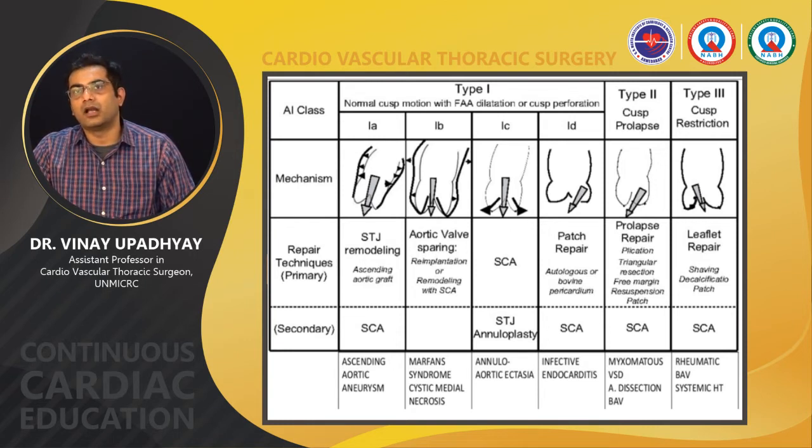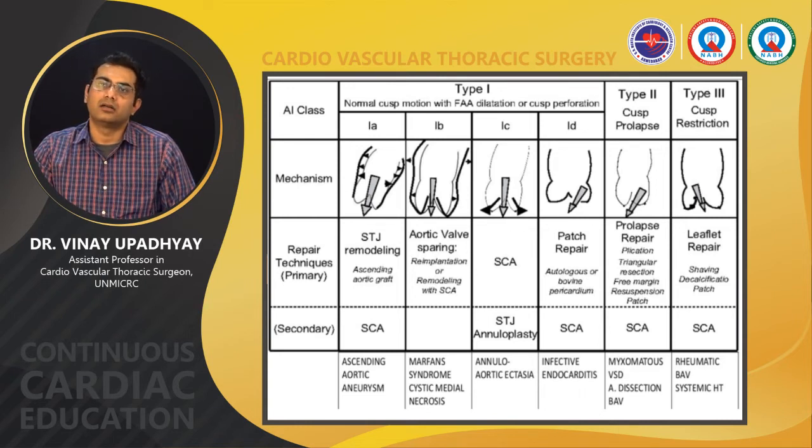Then type 2, there is a cusp prolapse. We have various repair techniques, all the leaflet repair techniques like plication, resection and suturing, free margin resuspension or patches. The last, type 3, is cusp restriction.